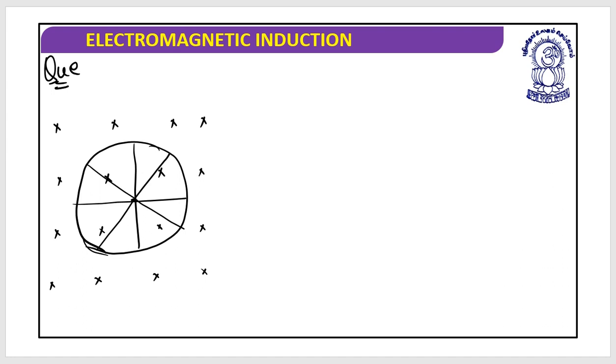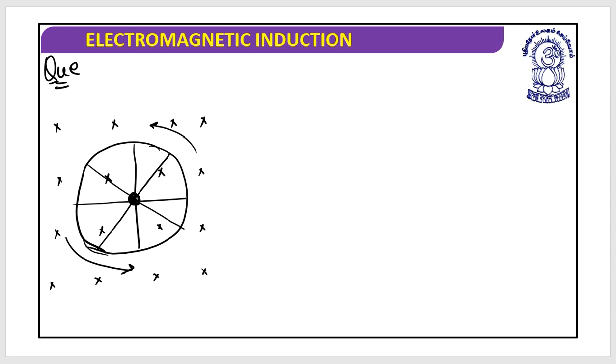Yes, so these have all been hinged over here. This is the location where they have been hinged at the center, and this wheel is going to rotate in this direction. I hope this is clear.